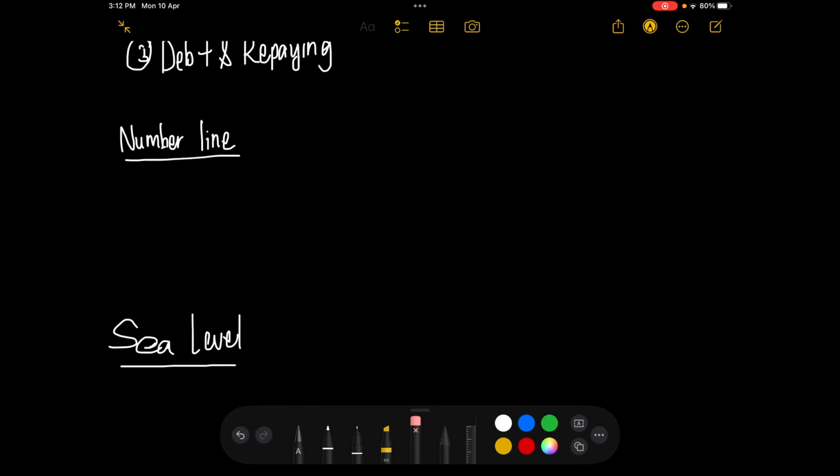Imagine there is a line going right and left, and in the middle we have 0. So as what we have learned until now, after 0 we have 1, 2, 3 and 4.